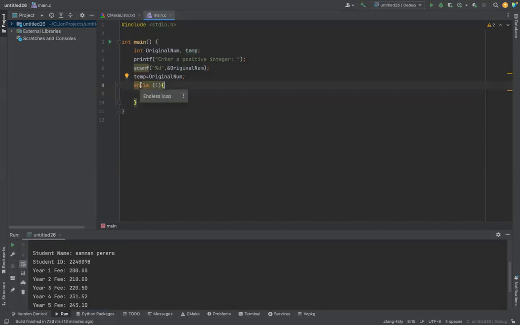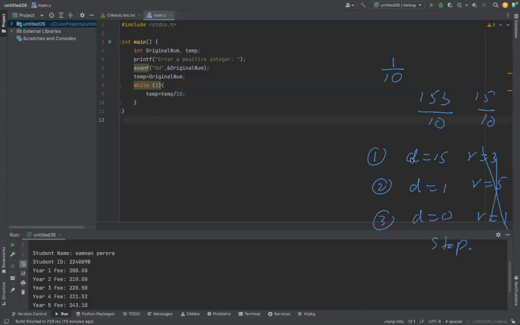This while loop should be terminated. Then how do we identify that? According to my explanation, this D is the temp. Here, temp. Now in the third iteration, temp is 0.